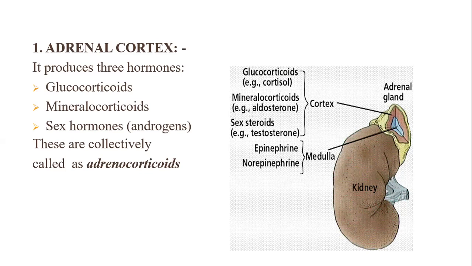The outer one, zona glomerulosa, secretes the mineralocorticoids, and zona reticularis secretes the sex hormones, that means androgens. All these are collectively called adrenocorticoids.